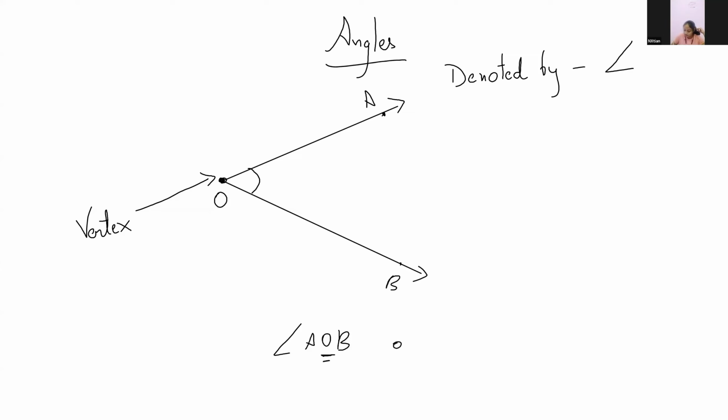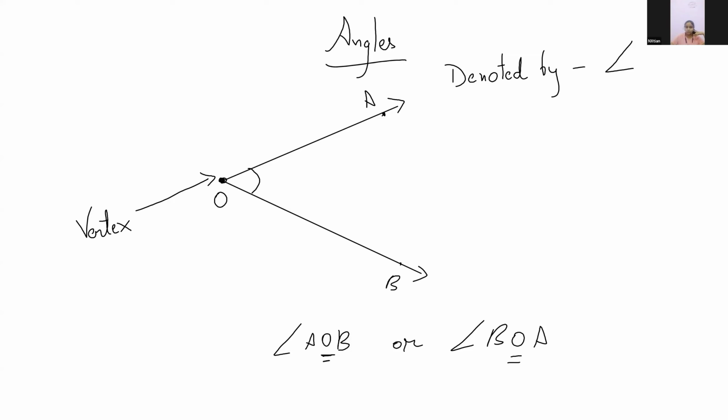Or you can name it angle BOA. But O will always come in the center, because at O my angle is formed. Does the vertex always need to be named O?